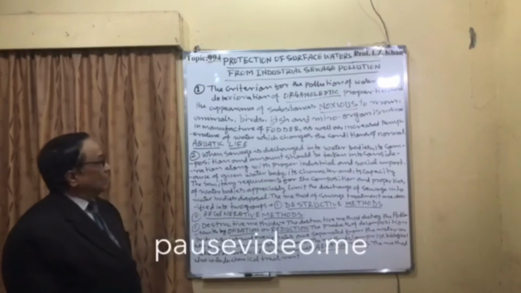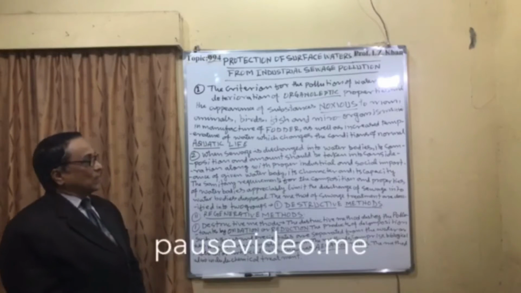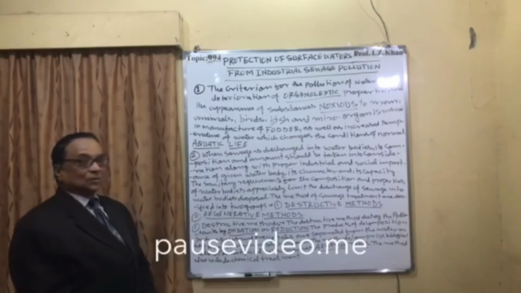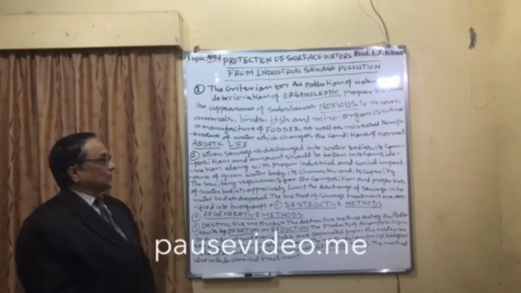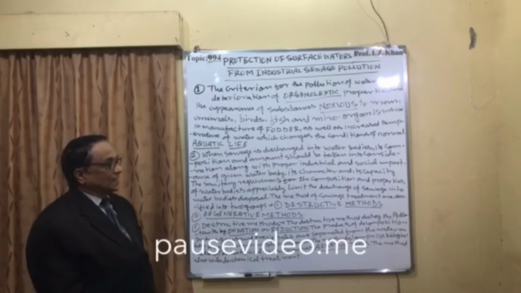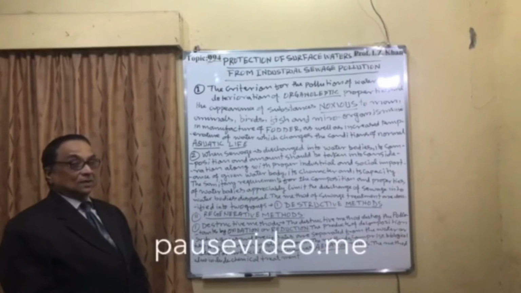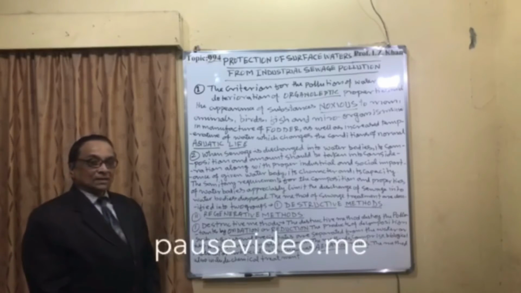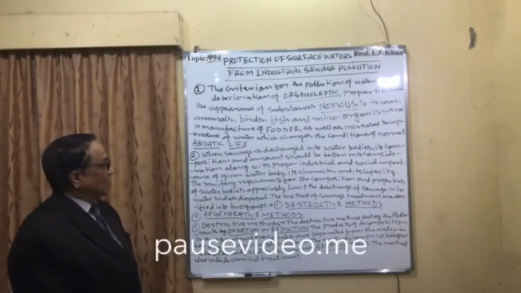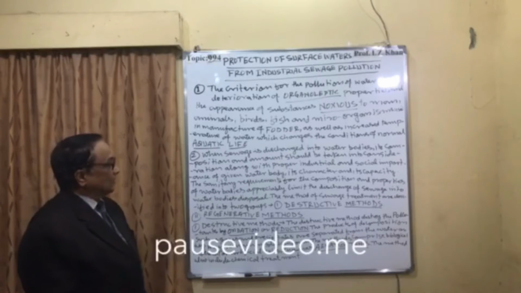Number 2, when sewage is discharged into water bodies, its composition and amount should be taken into consideration along with the industrial and social importance of the given water body. So industrial as well as social importance we also have to consider when going for the treatment of water contaminated with industrial waste, along with the water body's character and capacity.